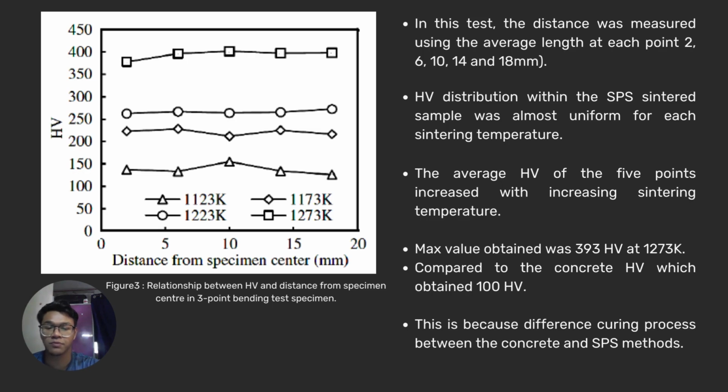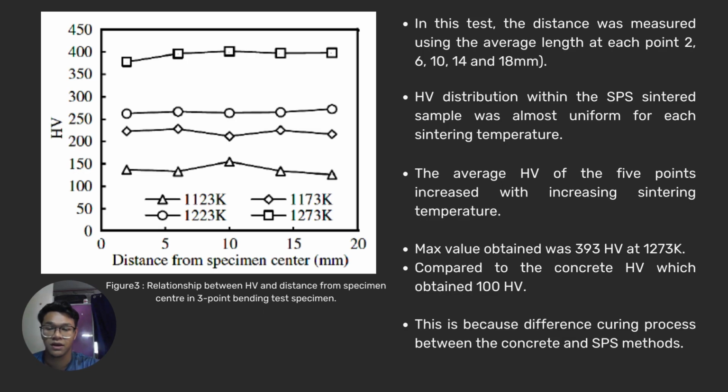So the maximum value obtained was 393 HV at 1273 Kelvin, which is the higher sintering temperature for this test. When we compare to the concrete, the concrete HV only obtained 100 HV.